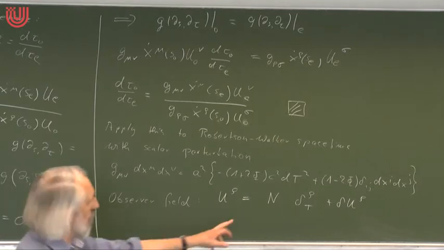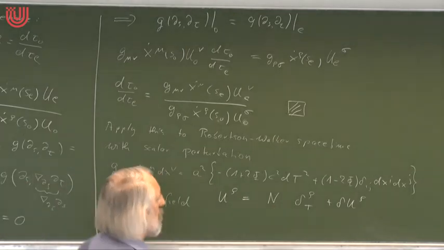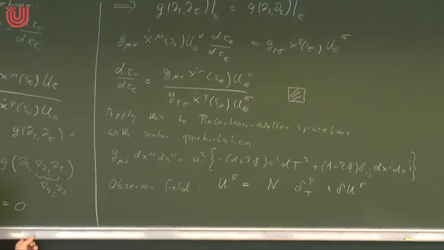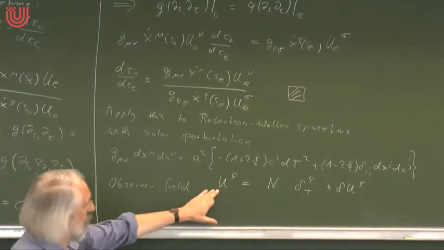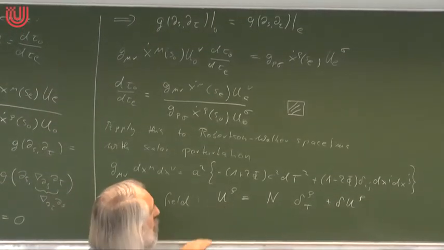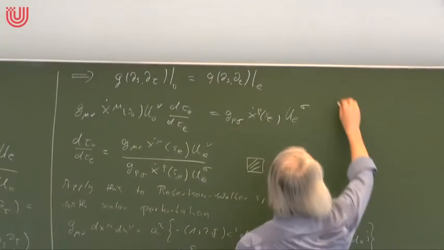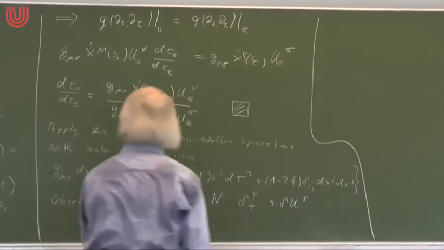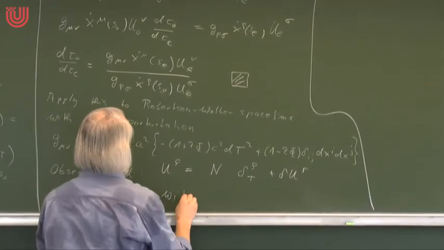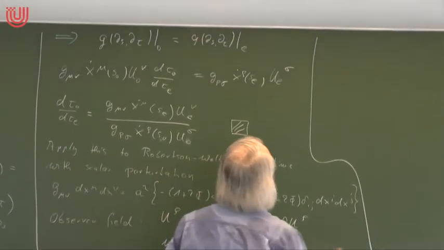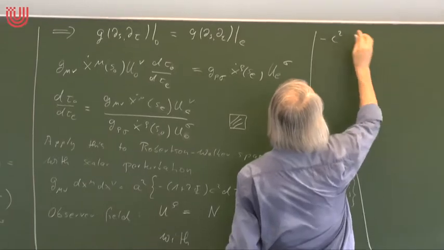We have to determine the normalization factor n, and maybe also a condition on the delta u^rho, because our u^rho should be normalized. So we require, as usual, that this is normalized to minus c squared.